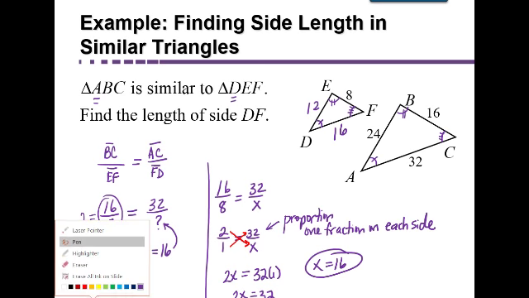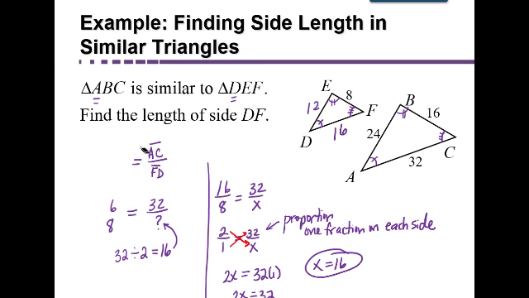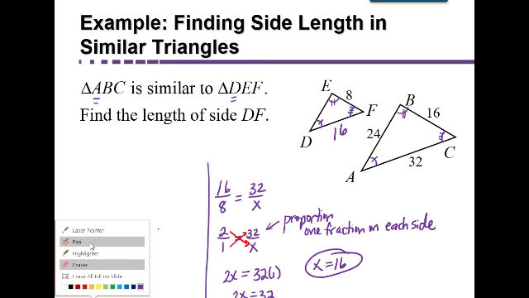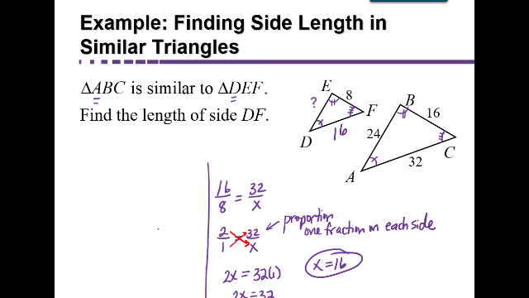But let's go ahead and set up a proportion to show how we might get that using algebra. So let's suppose we didn't figure out that that has to be half of 24. We can set up any proportion, any pairs of sides that we want, and they have to be equal. So for example, we might compare 8 to 16 here and here, and that would be the same ratio as x to 24.